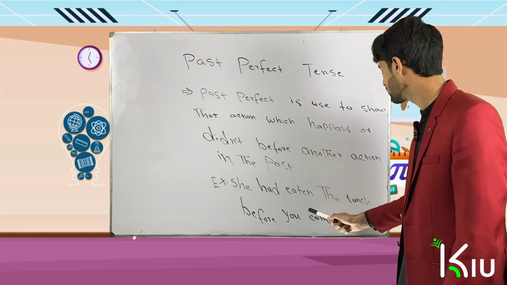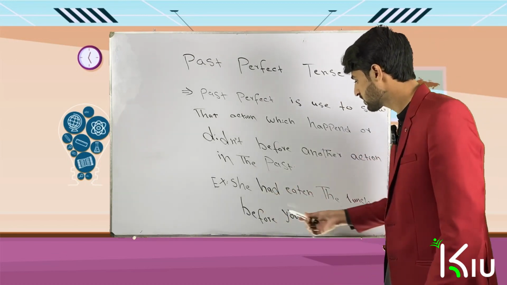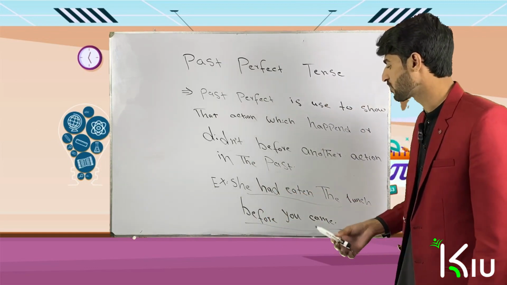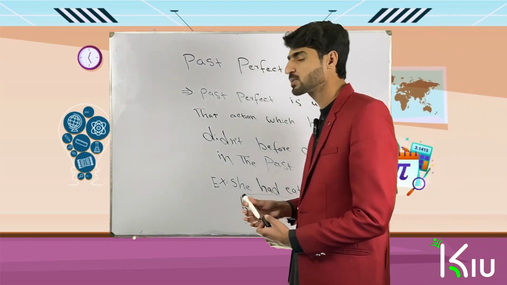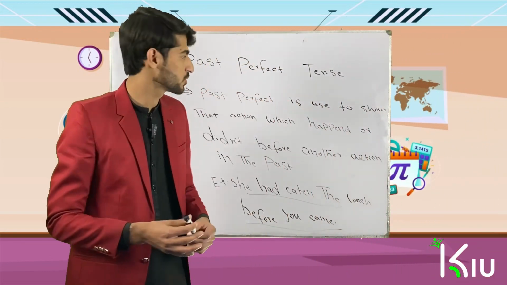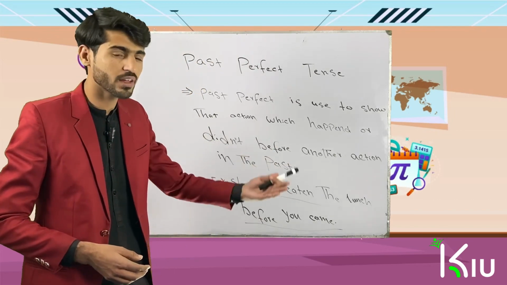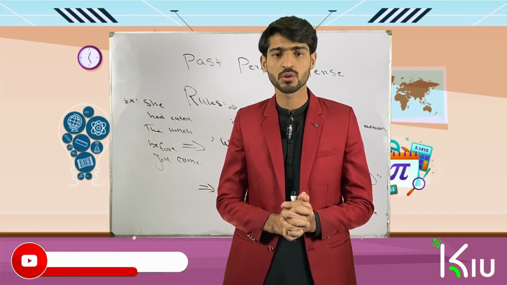She had eaten the lunch, and this is another action, before you came. So we use past perfect tense to talk about that action which happened or didn't happen before another action in the past. Now let's get ahead with the rules of past perfect tense.